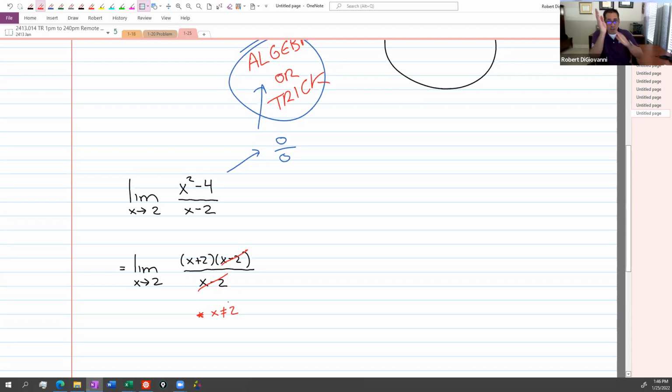Anytime you cancel factors, you have to promise me that you're never going to let x be a value that would have made it 0. Like 2 makes both of these 0, right? So if you cancel those, you have to promise me from here on out that x can't be 2.